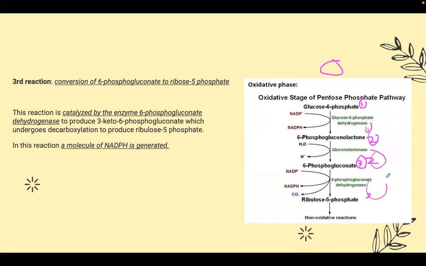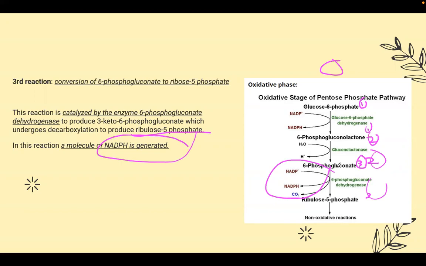This reaction is catalyzed by the enzyme 6-phosphogluconate dehydrogenase to produce the 6-keto-phosphogluconate, which undergoes the carboxylation to produce your ribulose 5-phosphate. In this reaction, a molecule of NADPH is generated. So nakita niyo naman doon sa product, nagkaroon na tayo ng NADPH.